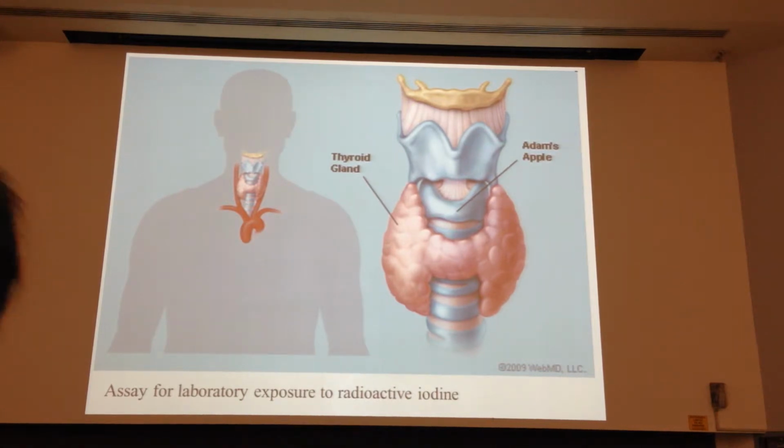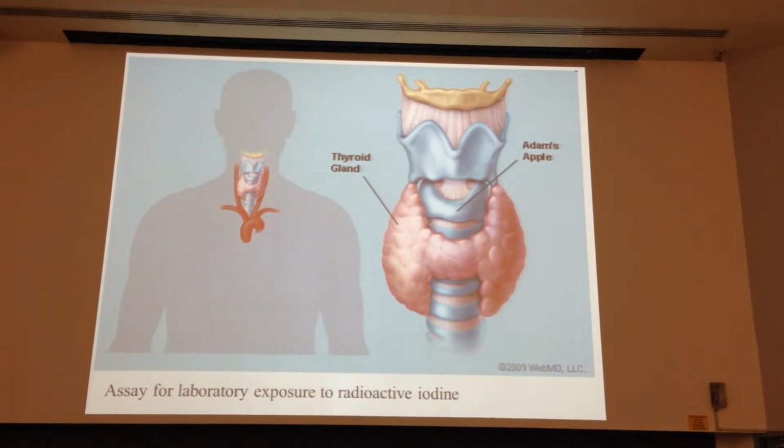When people work in many of our biochemistry laboratories, radioactive iodine is used as a tracer to monitor some of the proteins and other chemicals being studied. And radioactive iodine, if you were to inhale it, would concentrate itself in your thyroid gland.